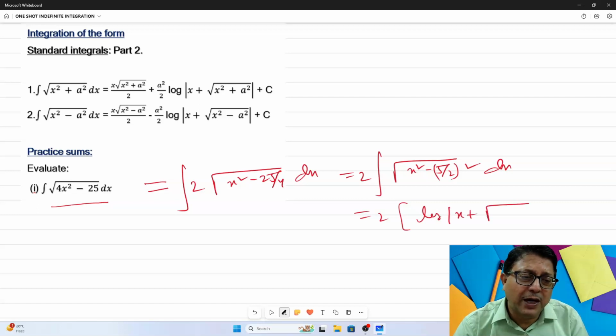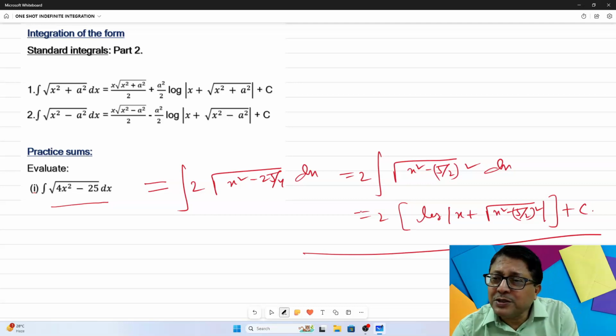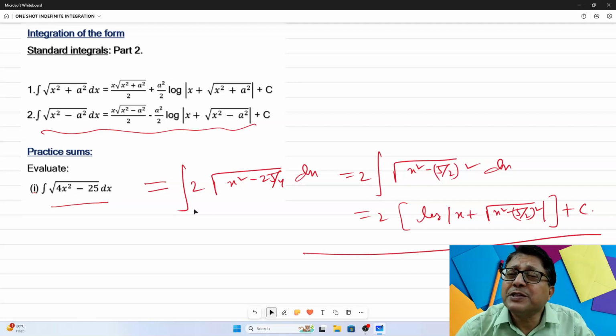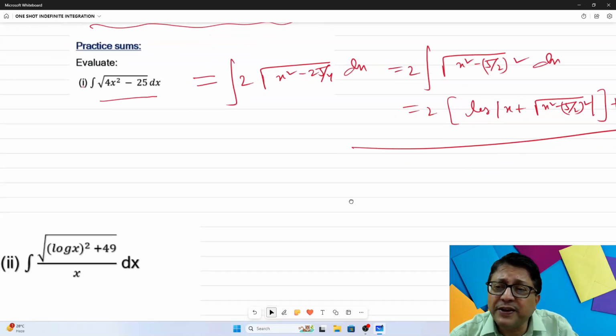Log of x plus root term, isn't it, this plus c. So we have used the second formula. The first formula is similar to this, only in place of a square you are putting minus a square. Remembering it will be very easy.